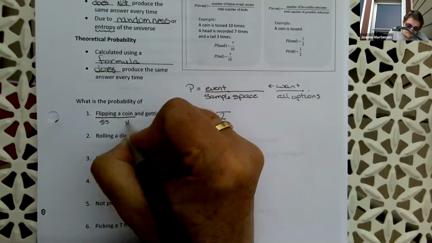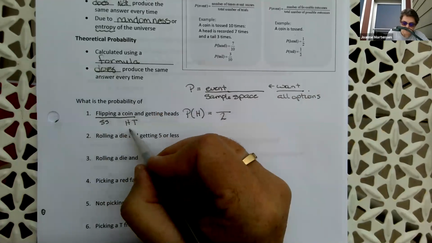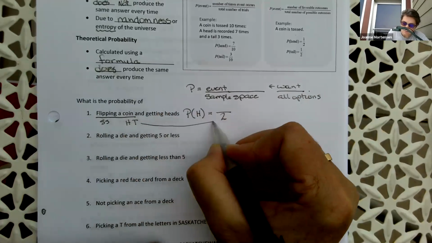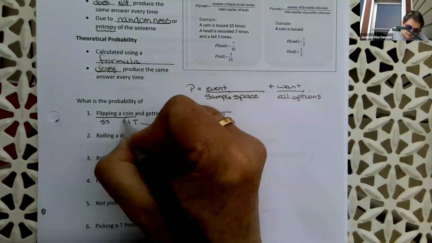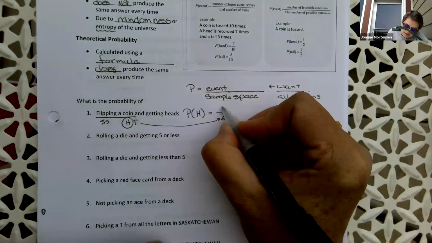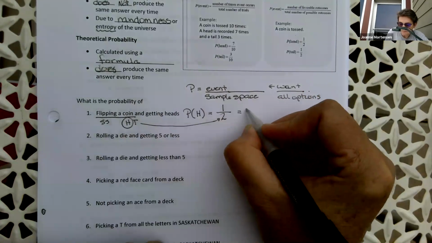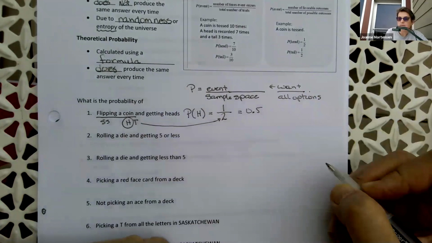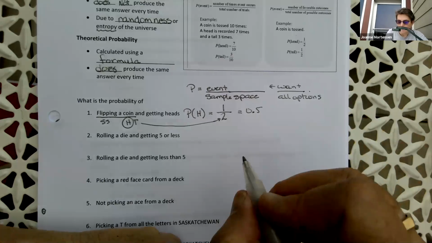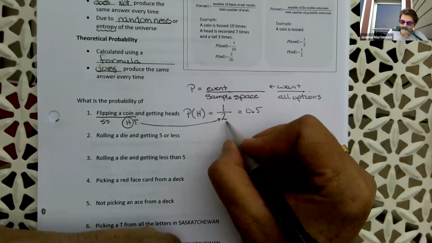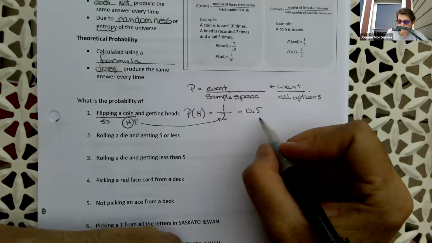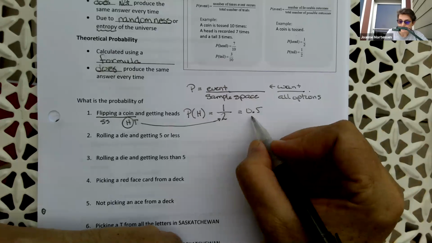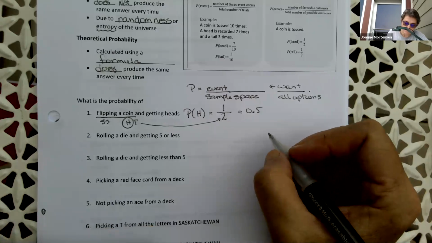There's our sample space. And getting heads, there's only one. That's our event. That's what we care about. Boom. 0.5. I'm okay if you leave it as a fraction, as long as it's reduced, or you can take the easy way out and convert it over to a decimal.